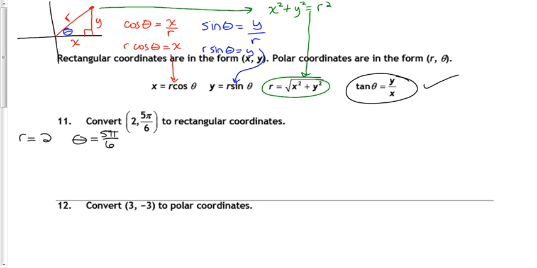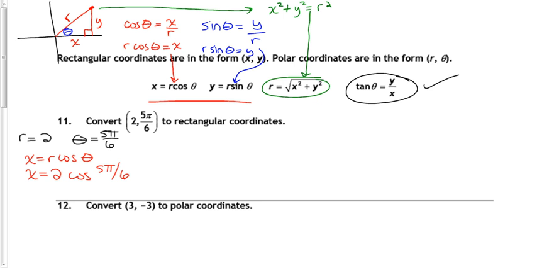Now in this one, when I have r and theta, the easiest to use are these two, where x is very spelled out and y is very spelled out, because that's what I'm trying to find, an x-coordinate and a y-coordinate. So x is going to be r cosine theta, which means x in this case is going to be 2 cosine of 5 pi over 6. And again, we need to know our unit circle trig, and you need to know what cosine of 5 pi over 6 is.